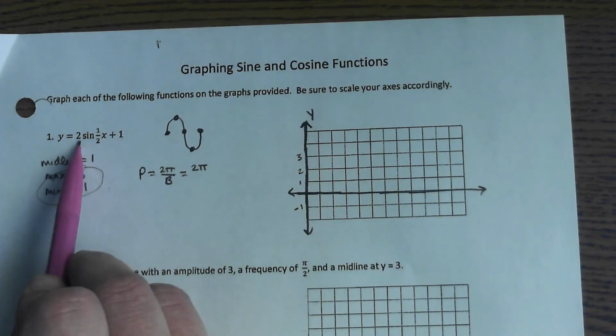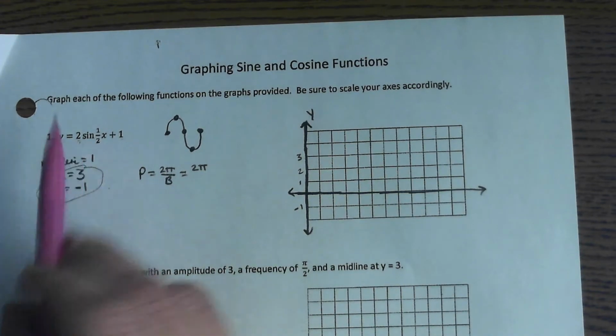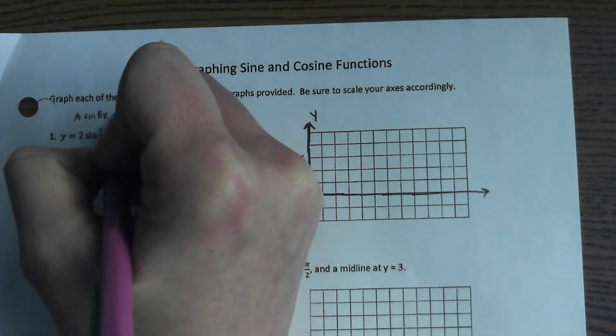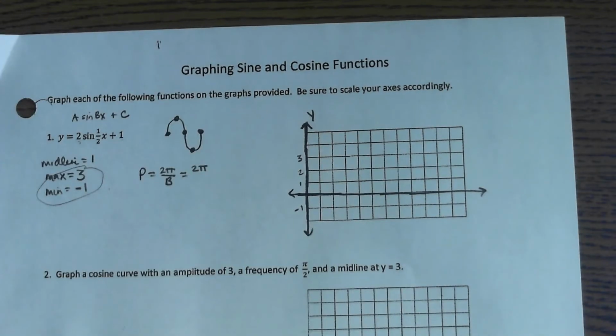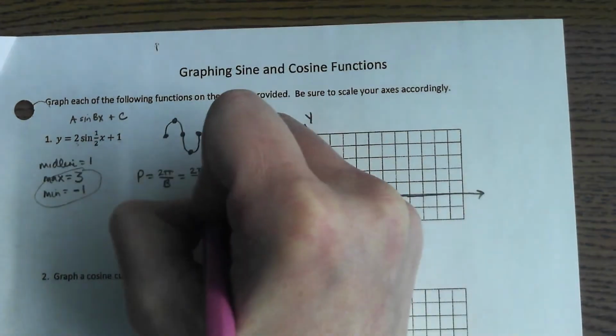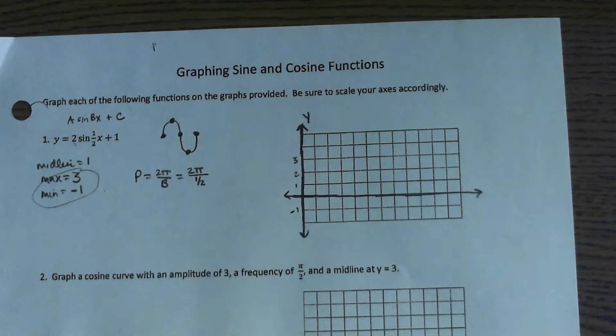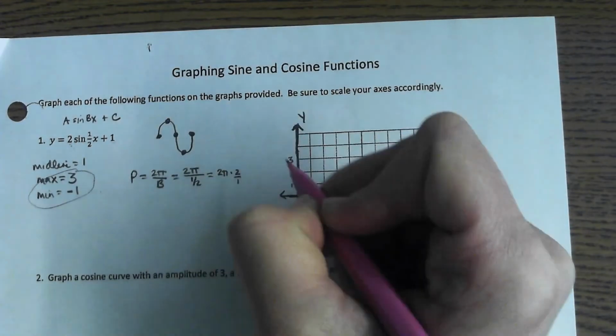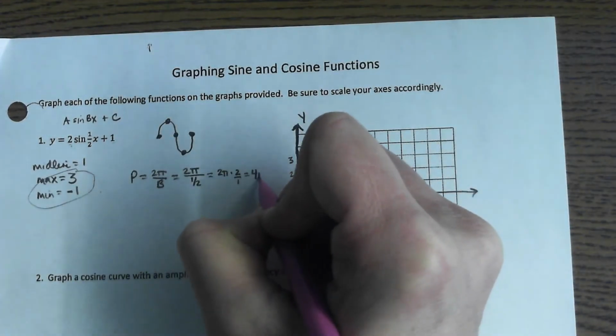Nope, that's our amplitude. This is A sine BX plus C. So what's our B value? 1/2. So 2 pi divided by 1/2. If you're dividing by a fraction, you keep, change, and flip. 2 pi times 2 is 4 pi.